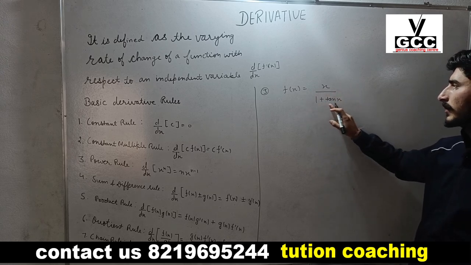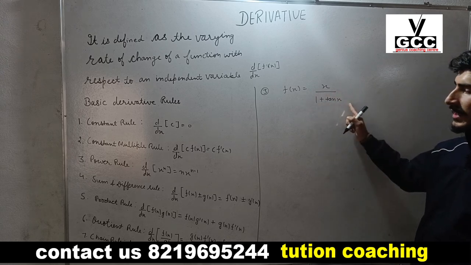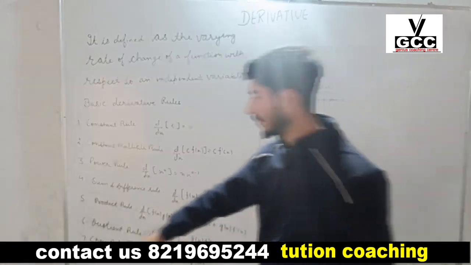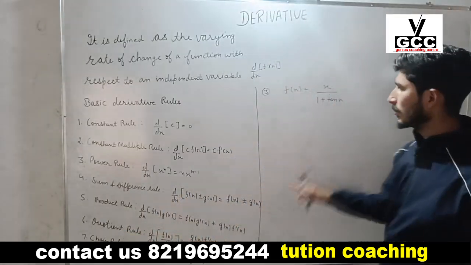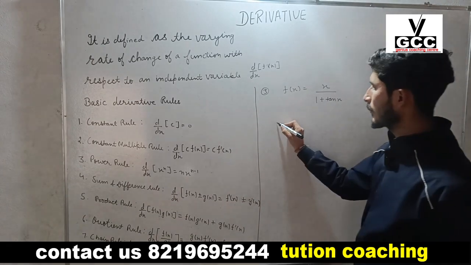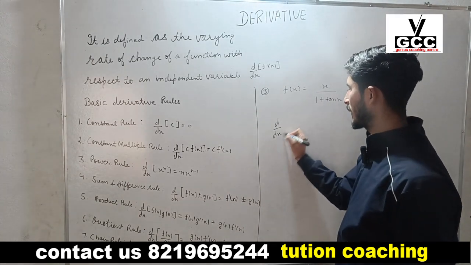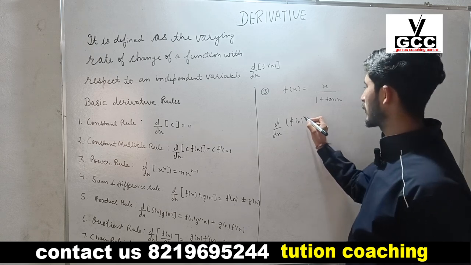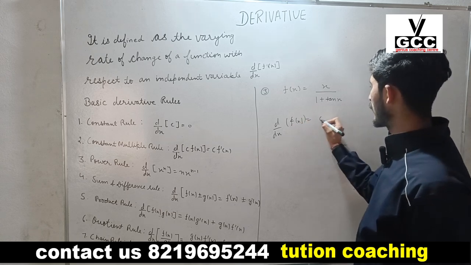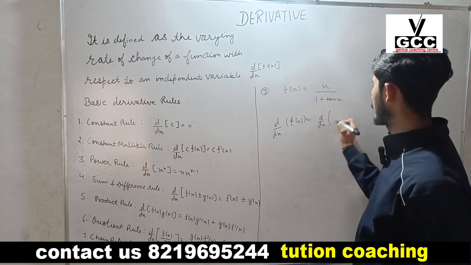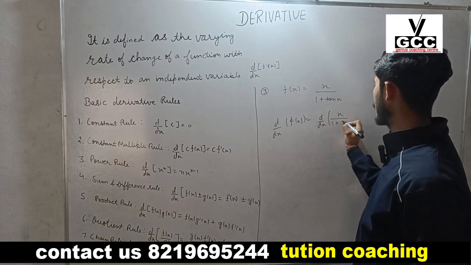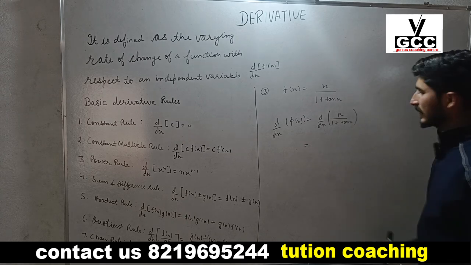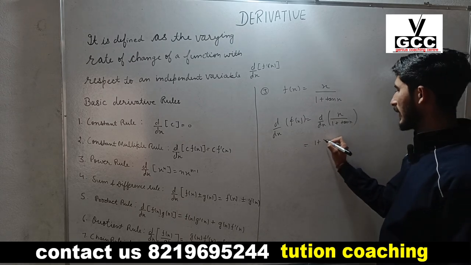Now we consider another example, f(x) equal to x upon 1 plus tan x. Firstly, we check which derivative rule is applied here. So the quotient rule is applied here. We have to find the derivative of f(x), that is dy/dx of x upon 1 plus tan x.